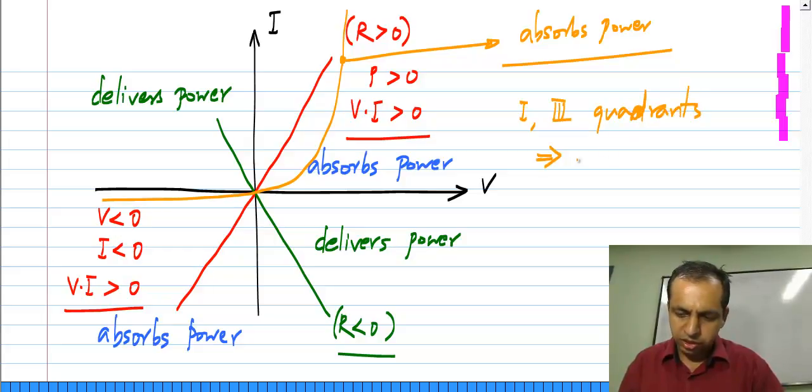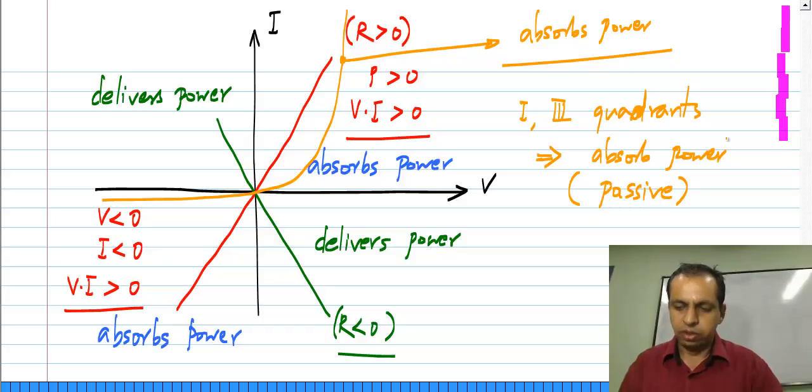Okay. So, if you are in the first and third quadrants, it means that you absorb power, that is, we are referring to a passive mode of operation, and an element which is only in first and third quadrants is necessarily a passive element.